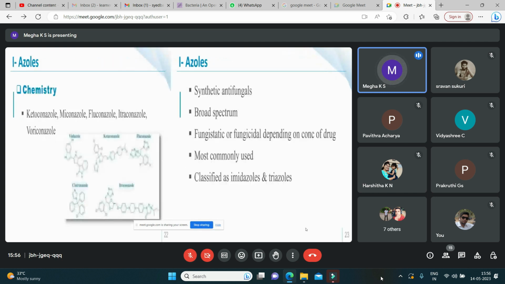Coming to the azoles, azoles are systemic synthetic antifungals with broad spectrum action, and fungistatic, or sometimes fungicidal depending on the concentration of the drug. The most commonly used drugs are classified as imidazoles and triazoles.